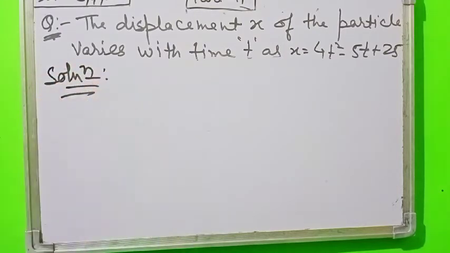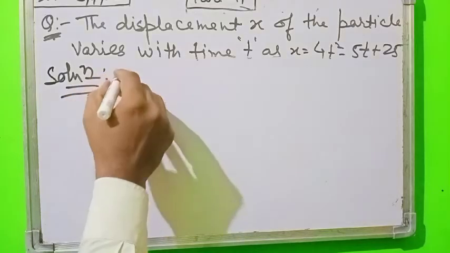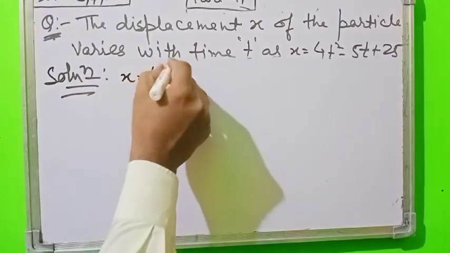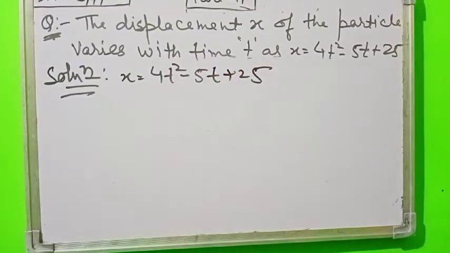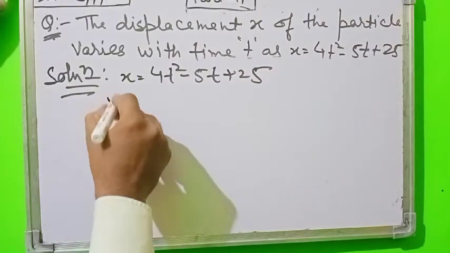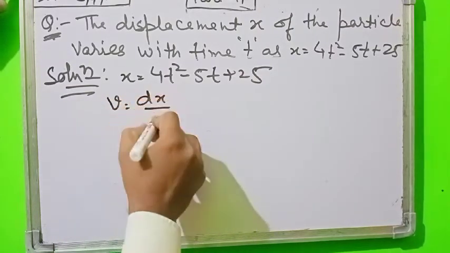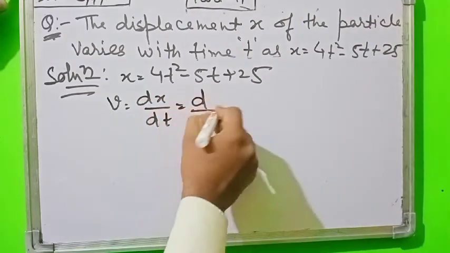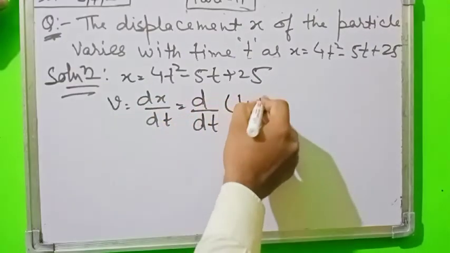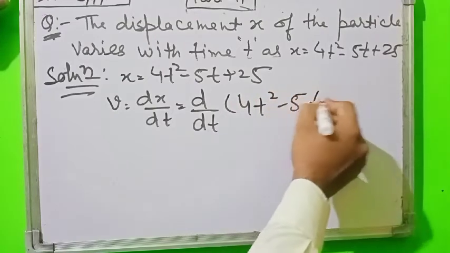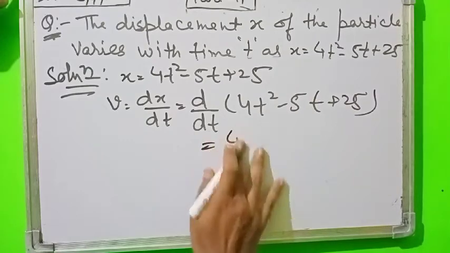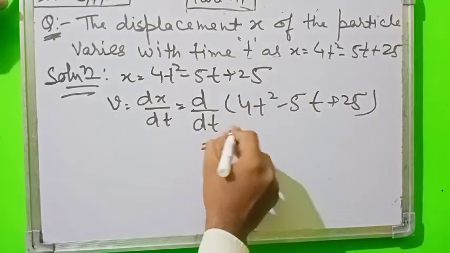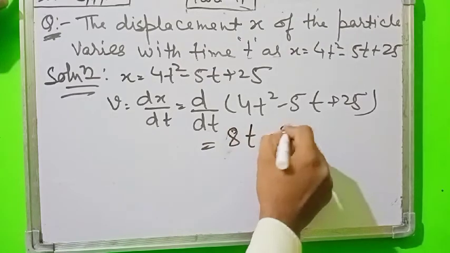Look at here, it is given the position of the particle x is equal to 4t square minus 5t plus 25. This is the position of the particle. Then velocity of the particle can be given as dx upon dt, and it is equal to d upon dt of 4t square minus 5t plus 25, and it can be given as 4 into 2, that is 8t minus 5.